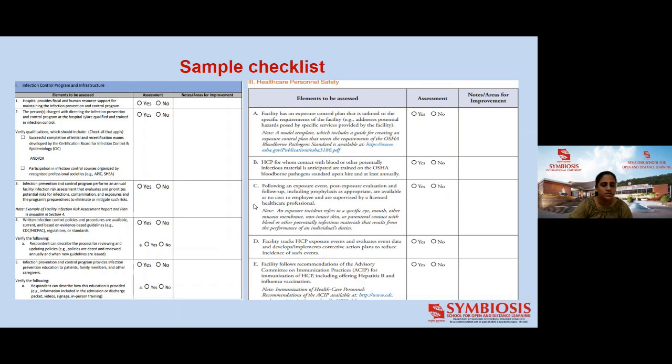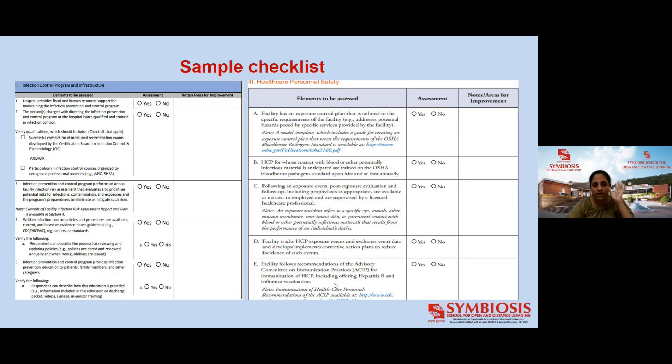In healthcare personnel safety, the facility has an exposure control plan tailored to the specific requirements of the facility. Then HCP with contact with blood or other potentially infectious material. Then following an exposure event, the facility tracks and follows recommendations. So all these things are in the checklist. If you go through the links, you will understand what exactly you have to do.